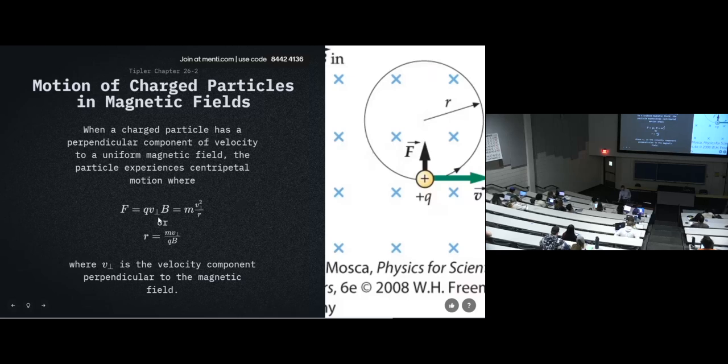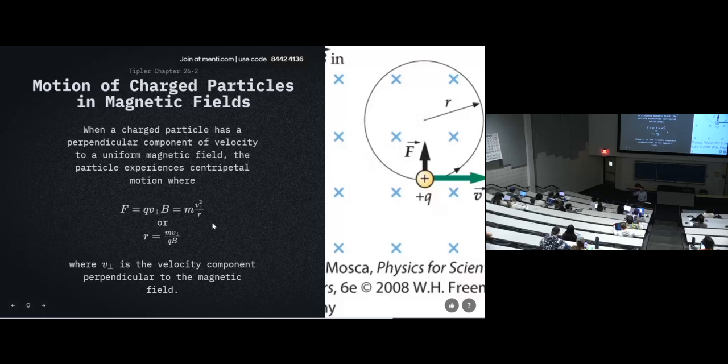And that's what you're seeing here, V sub perpendicular, the sign for perpendicular. So V perpendicular times Q and B is going to be equal to the centripetal force, right?